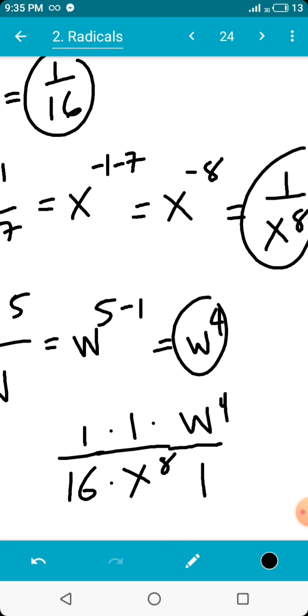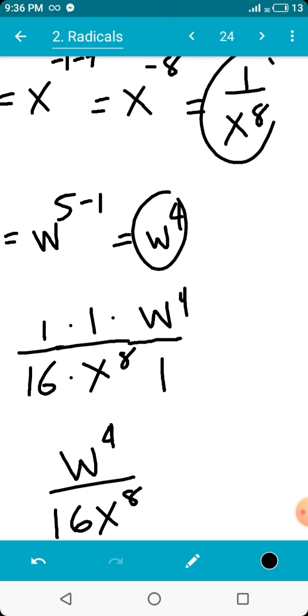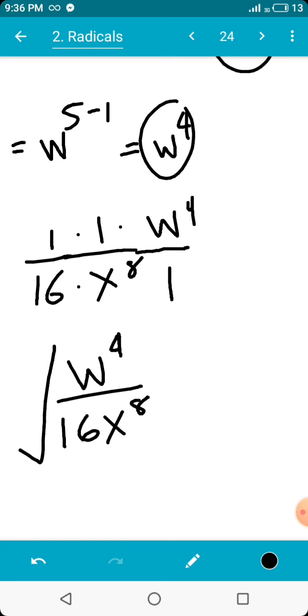Alright? So, kung times natin tong numerator and denominator, so 1 times 1 times w raised to 4, so that is w raised to 4. And then, over 16 times x raised to 8 times 1, so that is 16x raised to 8. Okay? So, ito na ngayon ang bago nating radicand, and kukunin natin yung fourth root niyan.